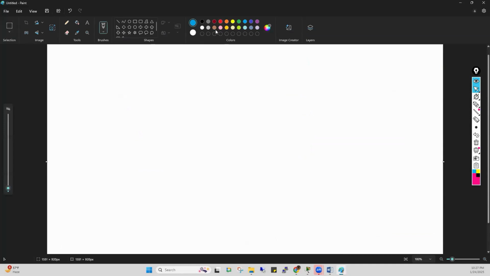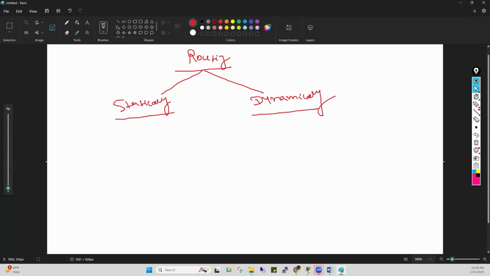If you want to perform routing, there are two ways by which you can perform it. First one is called statically, and second one is called dynamically. Or statically you can say, or you can say manually. Both are the same.